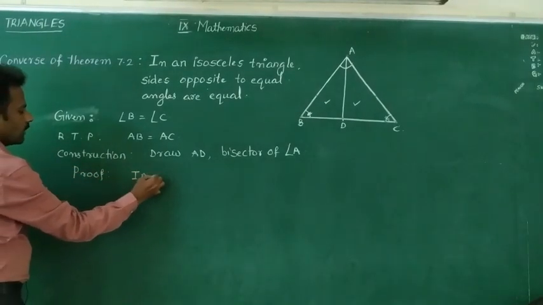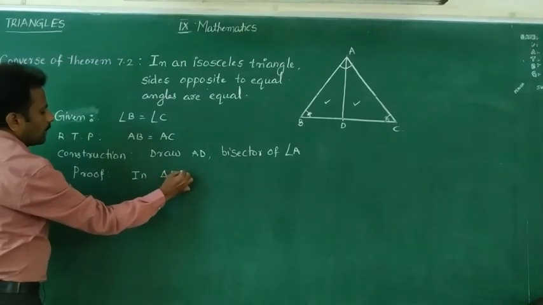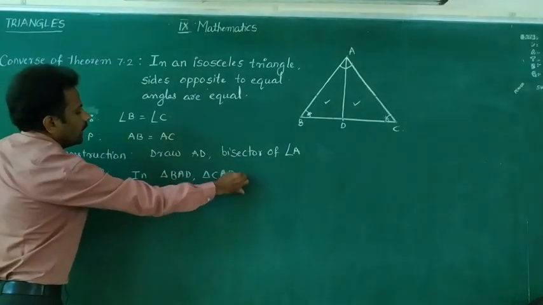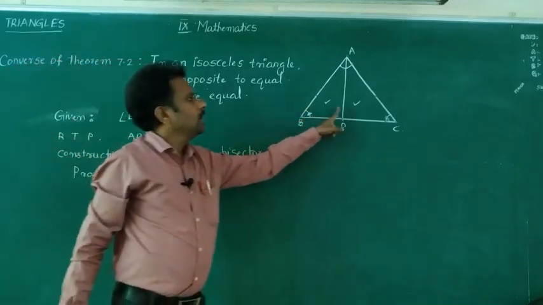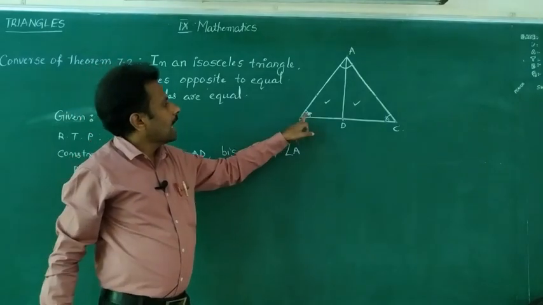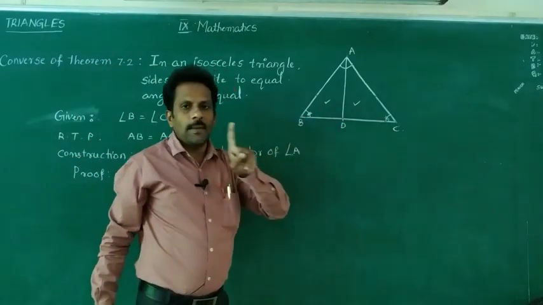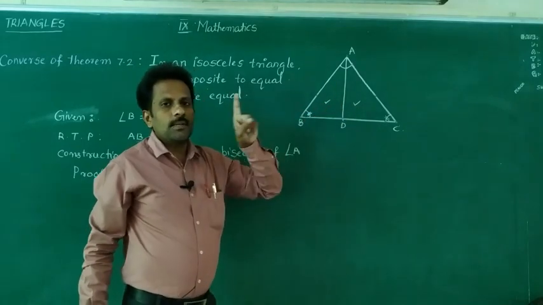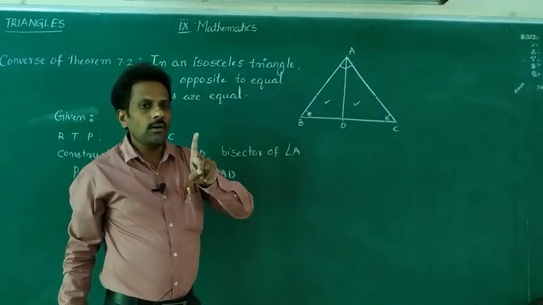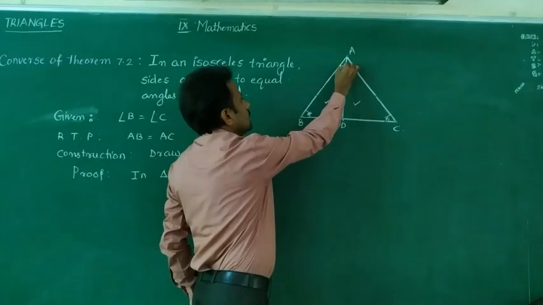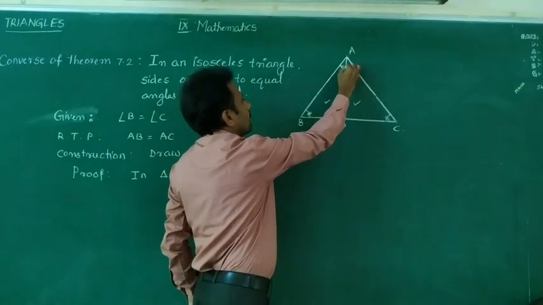In triangle BAD, in triangle CAD. Before showing that they are congruent, you think of what congruency rule can be applied. Angle B equals angle C, one pair of corresponding angles we got, and AD is common, that means one pair of corresponding sides we got equal, and angle BAD equals angle CAD.